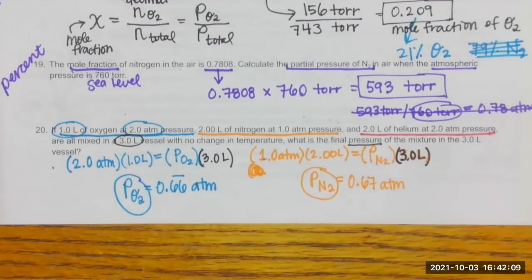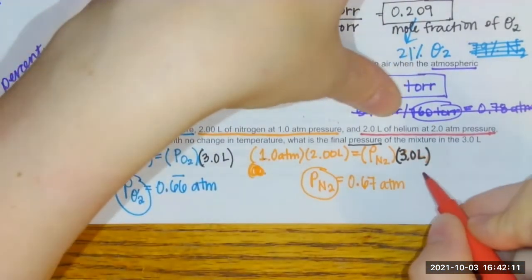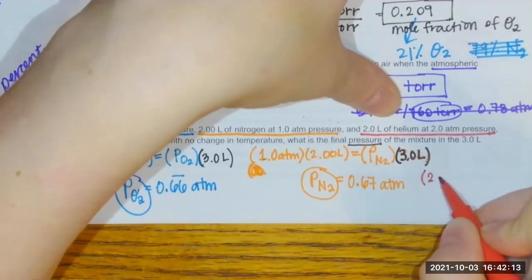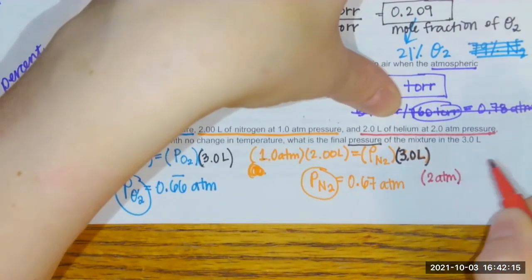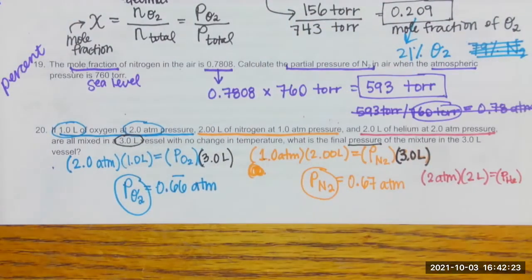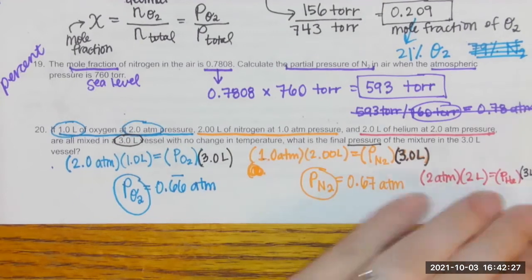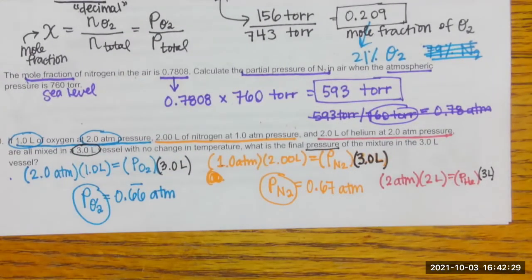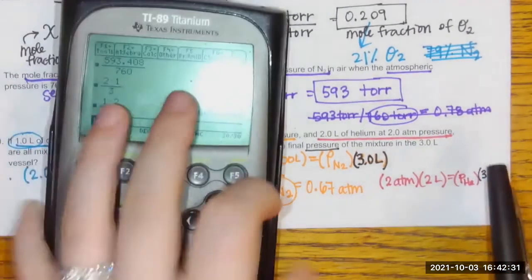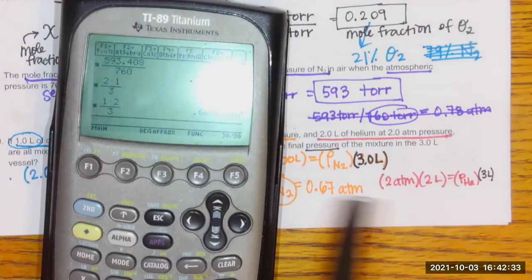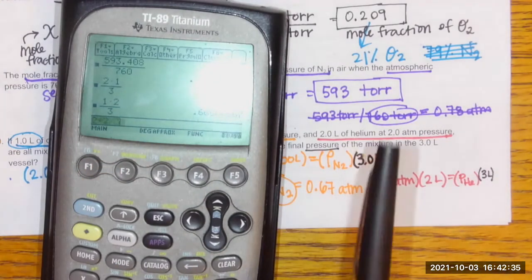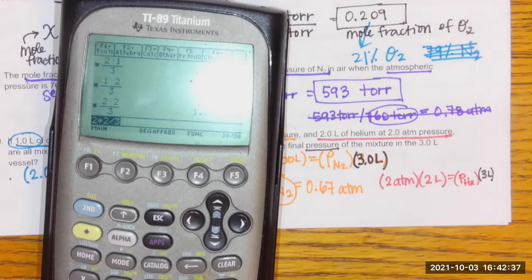Last but not least is the helium. We have 2 atmospheres and 2 liters of it. We're trying to find the pressure of the helium when the volume changes. This is getting squishy, to 3 liters. 2 times 2 divided by 3 is 1.33.